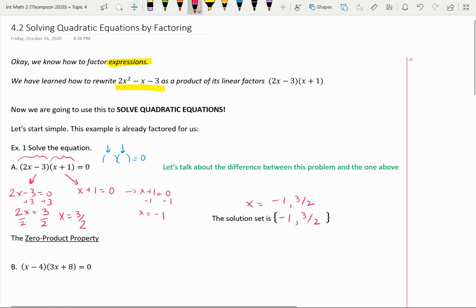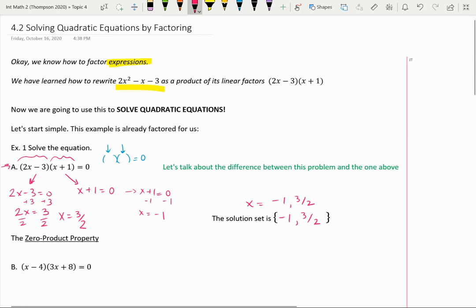However they're asking for their answer, it's the same thing. So that means that this original equation, A, is true if I plug in negative 1, then I get 0. And if I plug in 3 halves, then I get 0. Any other number is not going to give me 0.